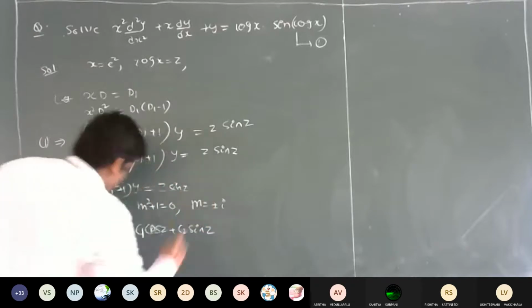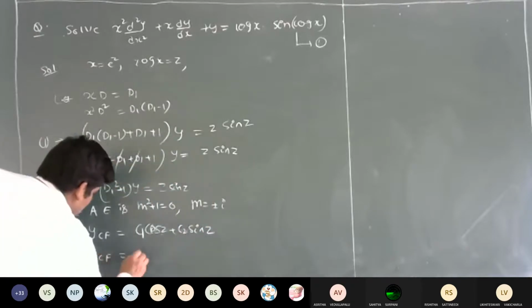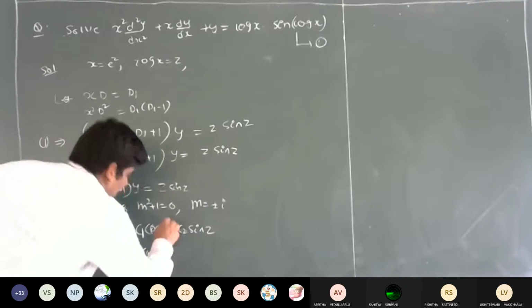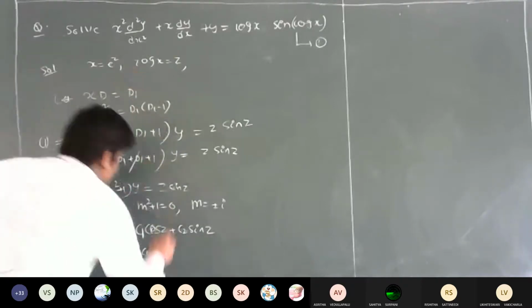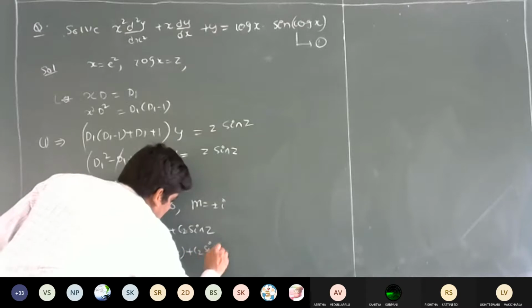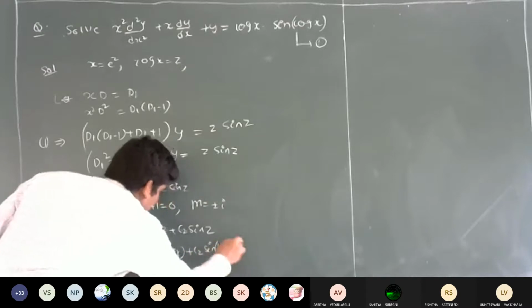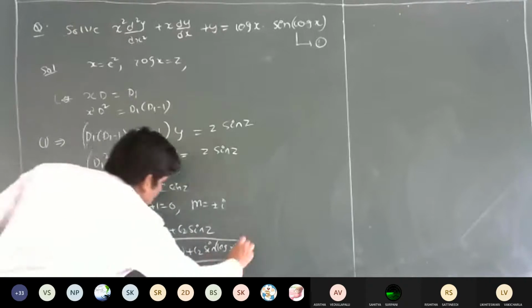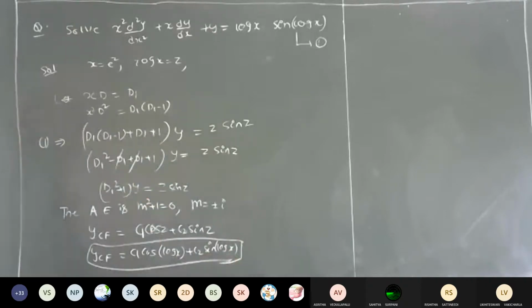So y CF is equal to C1 cos of log x plus C2 sin of log x, since z is nothing but log x. So this is the required complementary solution.